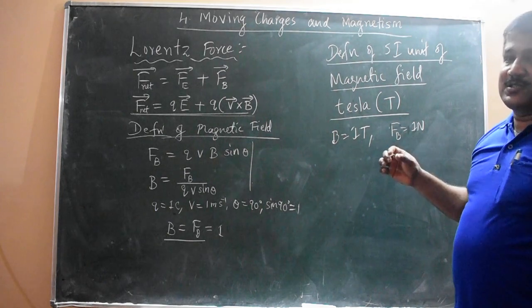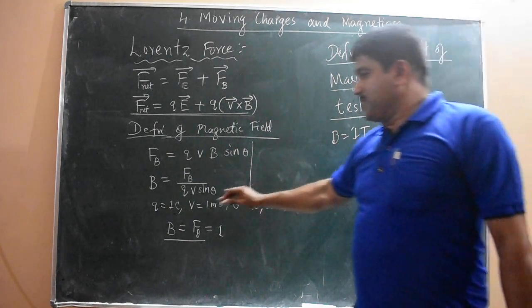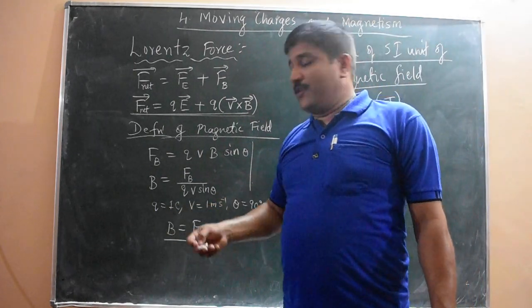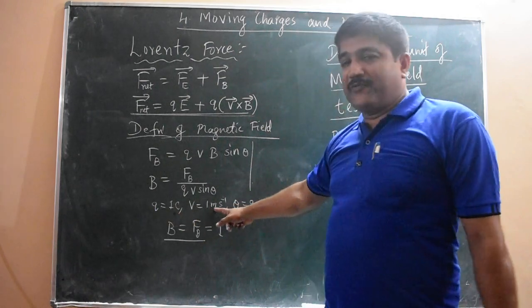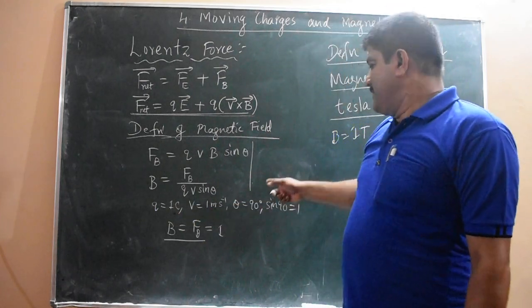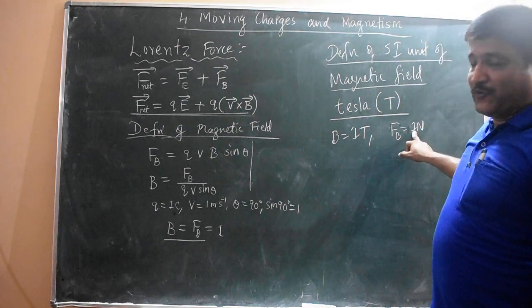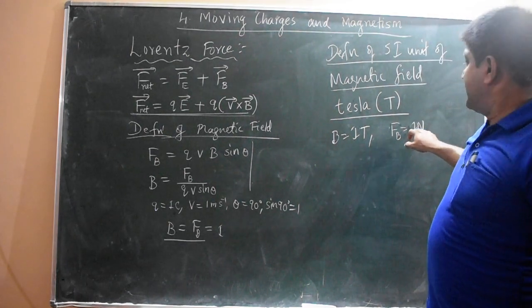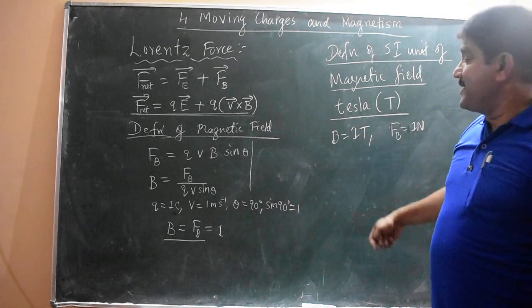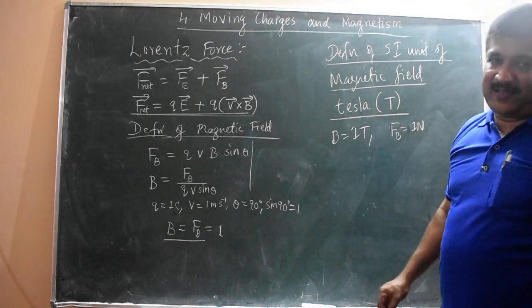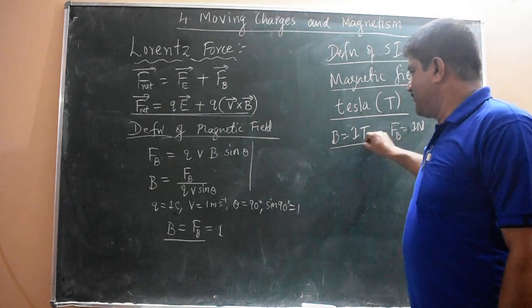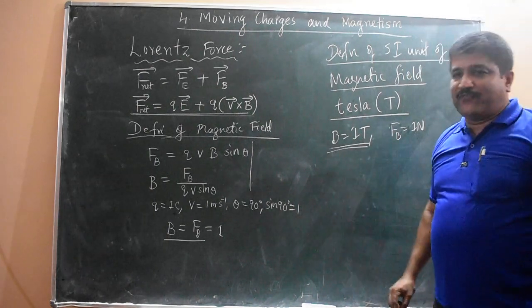If a unit positive charge moving with unit velocity perpendicular to the magnetic field experiences a force of 1 Newton, then the magnetic field in the region is said to be 1 Tesla. So this is the definition of the SI unit of magnetic field.